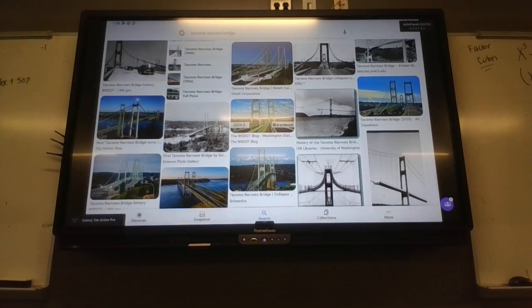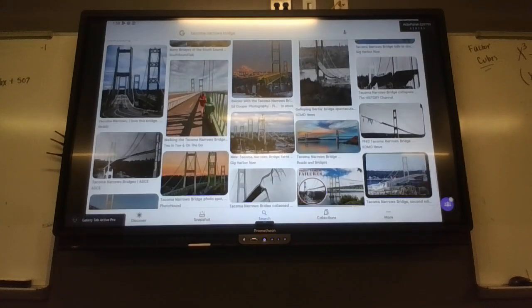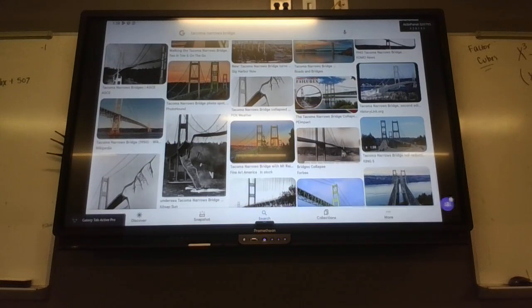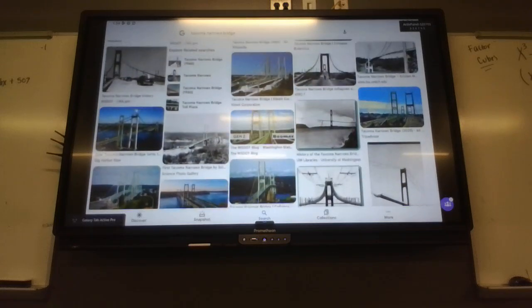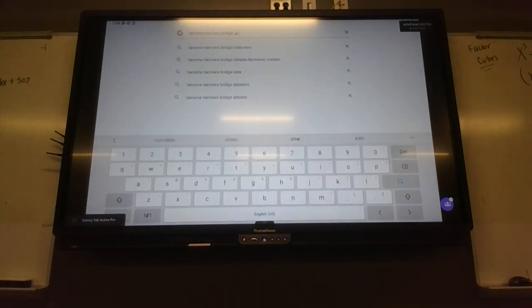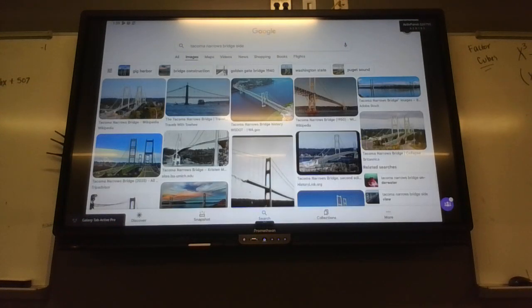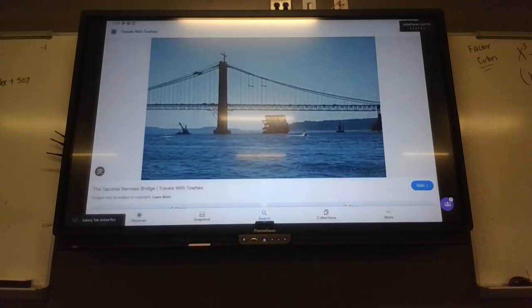They really don't have a very good picture of it from the Washington. It's green.